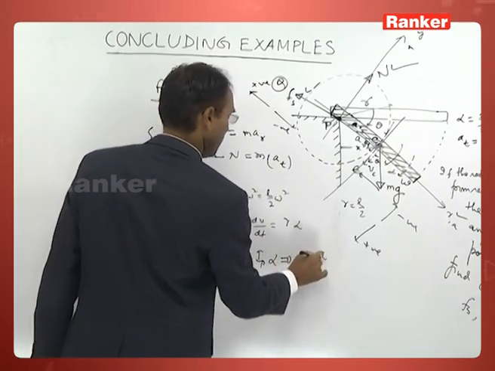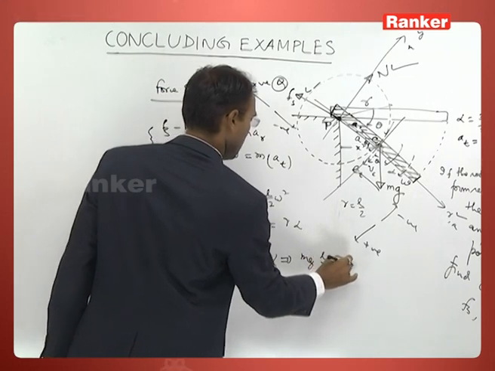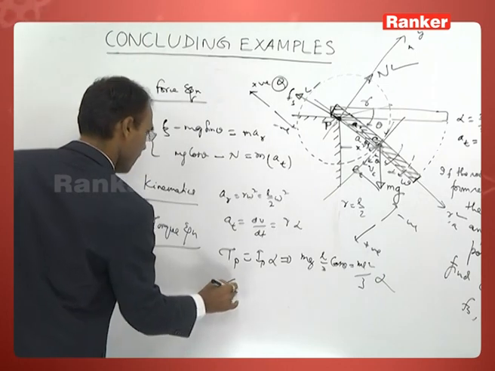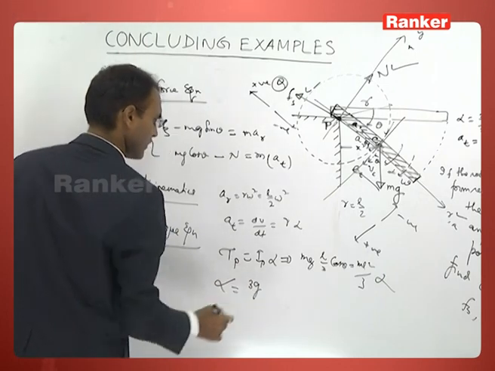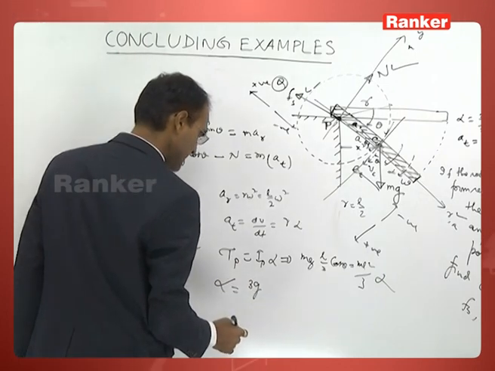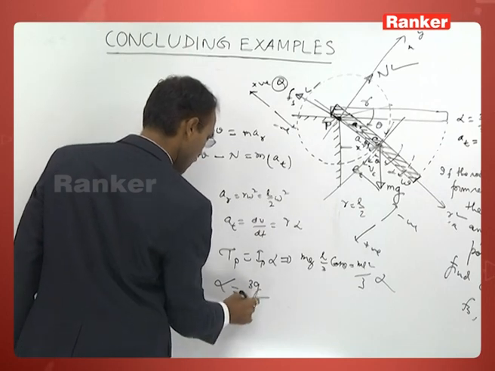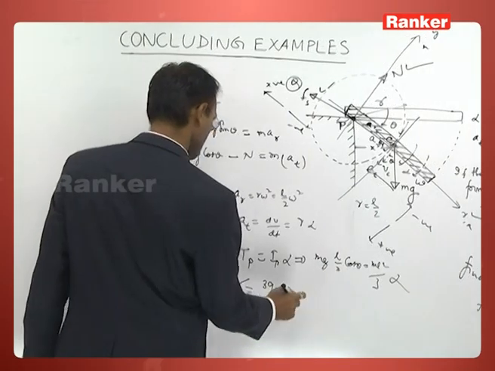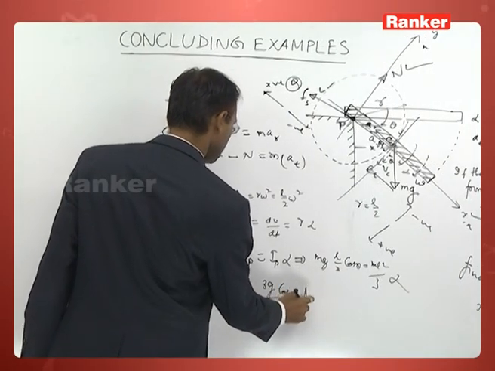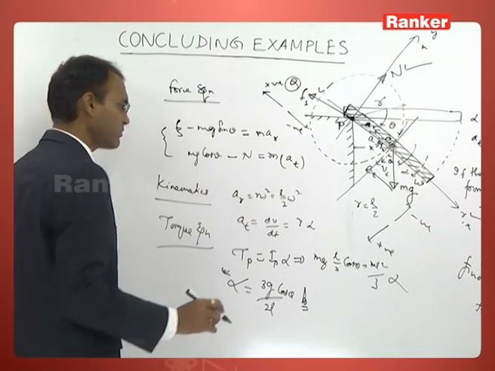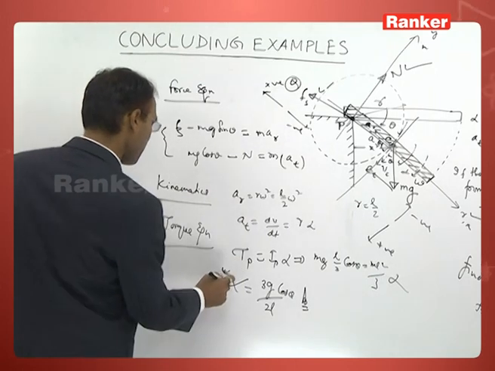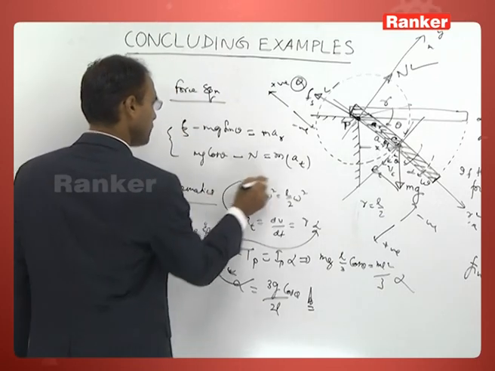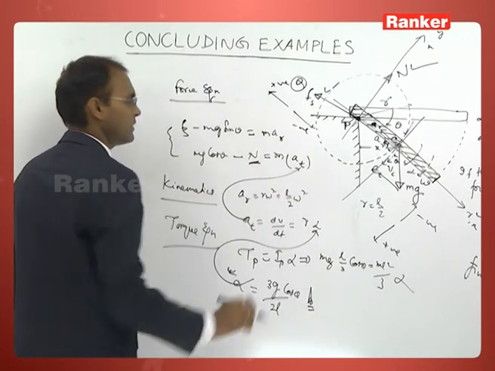Mg L by 2 cos theta is equal to ml square by 3 into alpha. Alpha you have got directly 3g by 2 into cos theta by L. This is direct answer of alpha from torque equation. If you substitute alpha, you are getting at. If you substitute at, you are getting normal reaction.